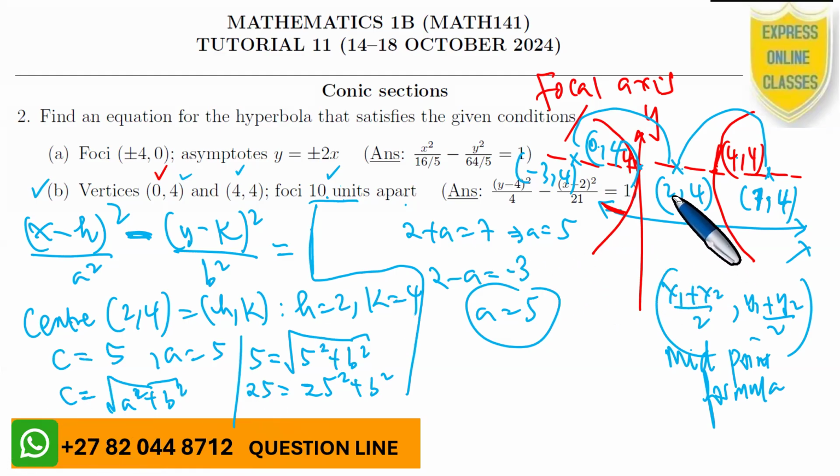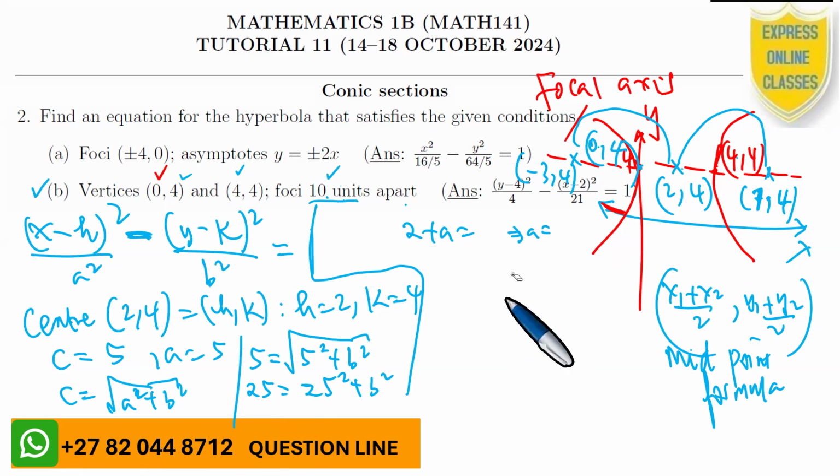So it must be 2 plus A equals 4 for the vertex, which means that our A is 2.